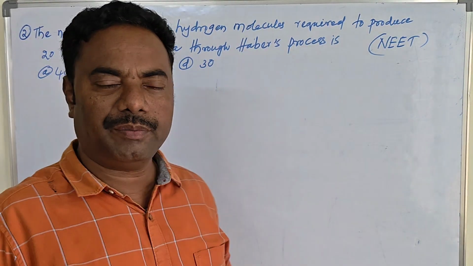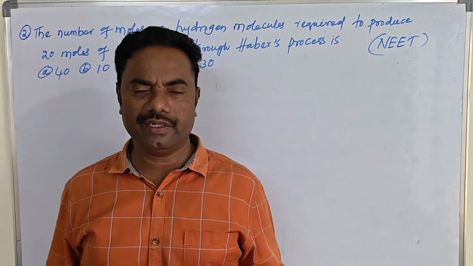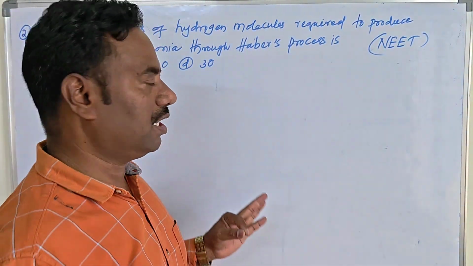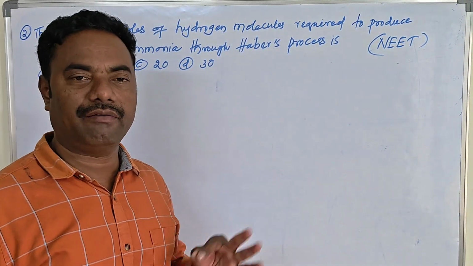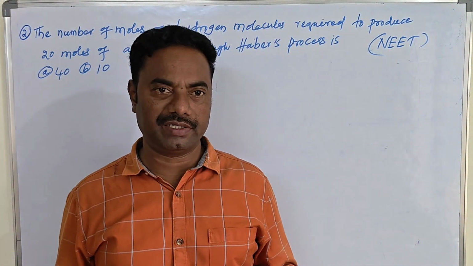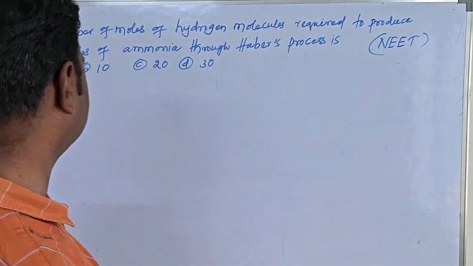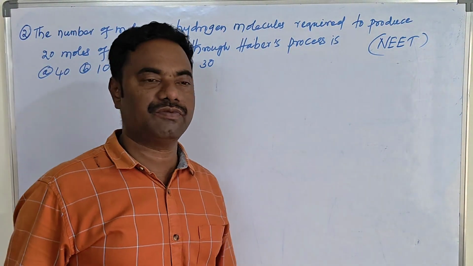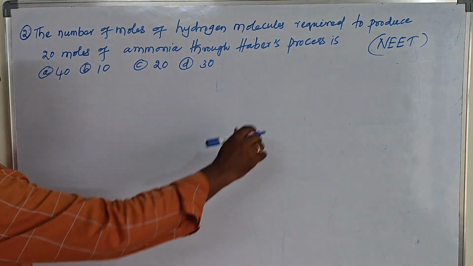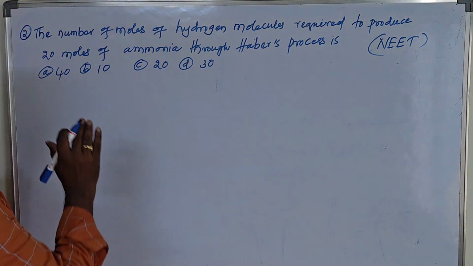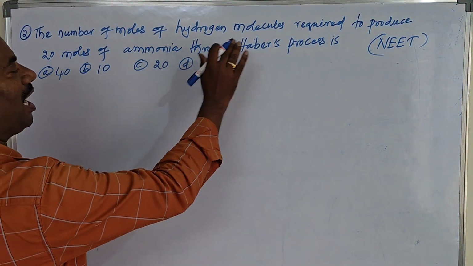It is the second problem. After reading this problem, we need to get an idea about it. This equation we will see in chemical equilibrium and 7th A group elements. Haber's process is an important question in +1. The number of moles of hydrogen molecules required to produce 20 moles of ammonia through Haber's process.